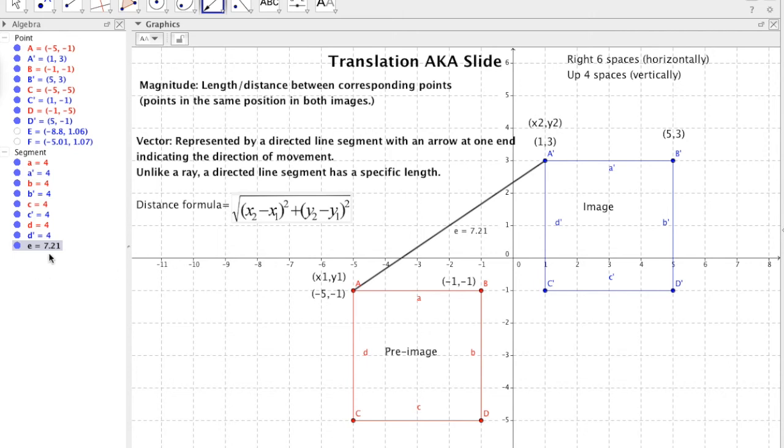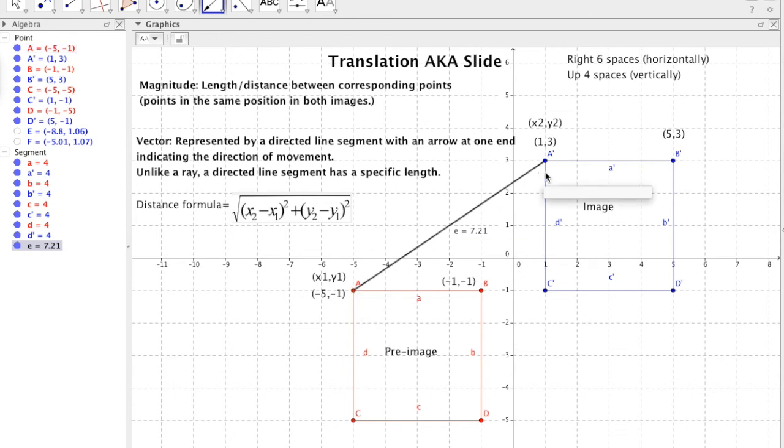Okay, and then my distance, you should end up with 7.21 or 7.2. In this case, we're not using any units, so we're just going to put the word units, 7.2 units. So the distance from my original point, my pre-image A, to its translated A prime, was 7.2 units.